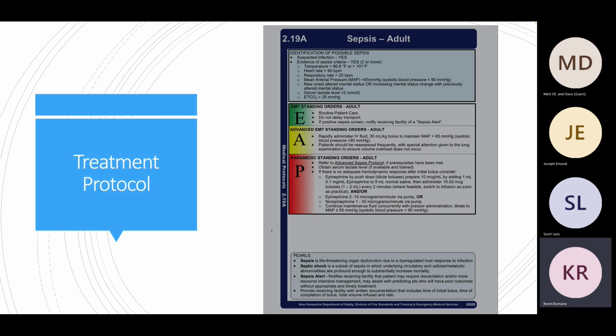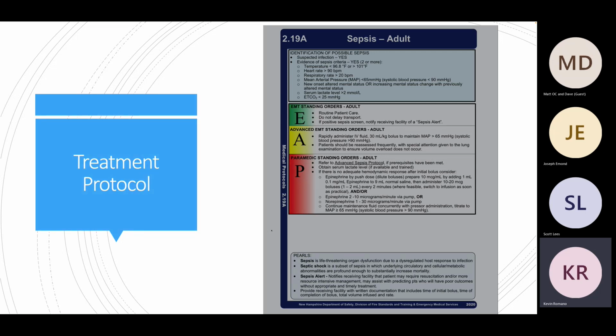You can do an epi infusion of 2 to 10 mics per minute via pump, or a norepi drip from 1 to 30. I usually start around 5, and I work my way up from there, or down, depending on where we need to titrate to make the effect that we're looking for. Continue fluid maintenance and pressor administration, and titrate to a MAP of 65 and systolic blood pressure of greater than 90.